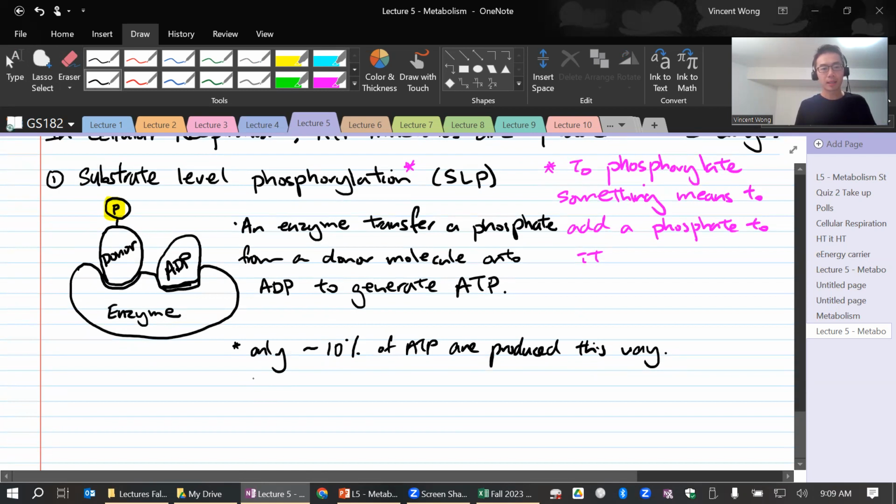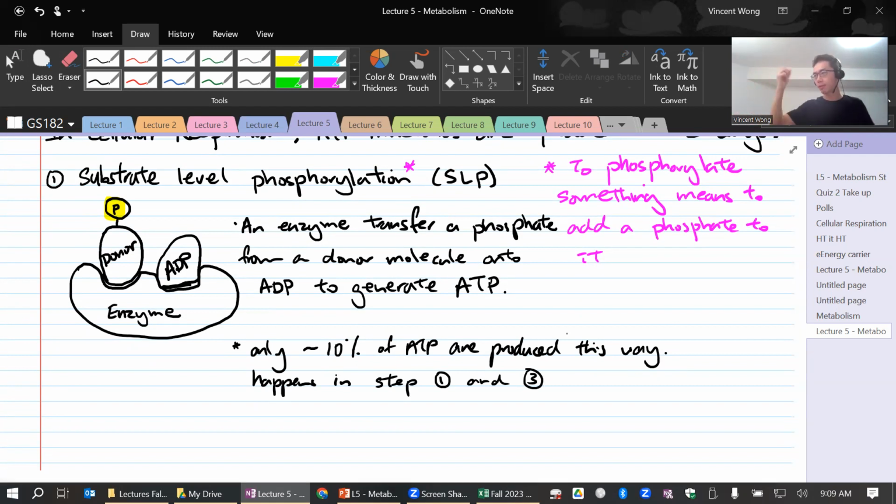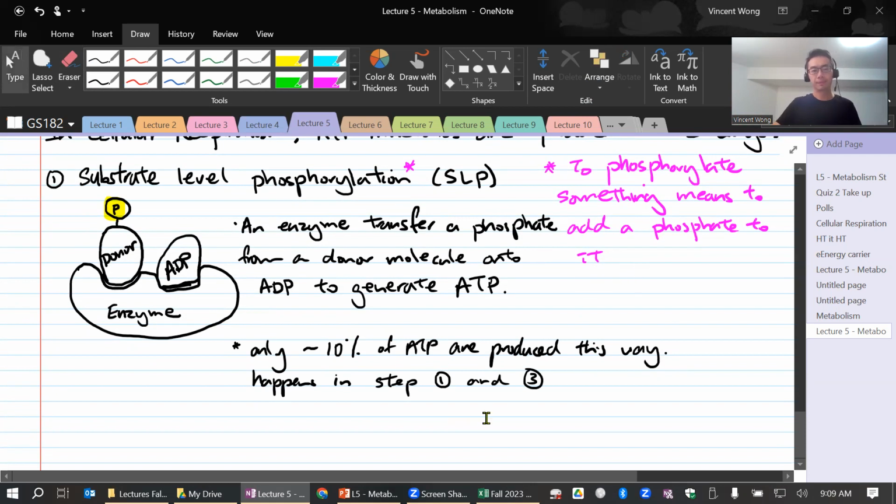It happens in step 1 and 3. Now, without looking back, try to visualize what number 1 and number 3 are. See if you can recall that information. If not, look back and see what number 1 and number 3 are called.